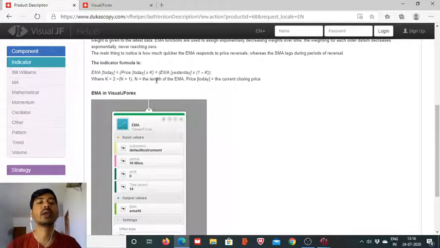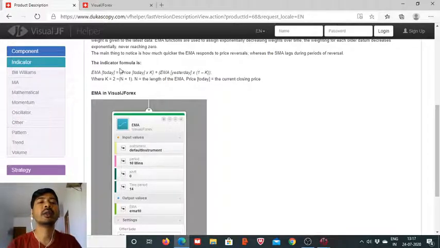That's how k is arrived at, and since this is the exponential moving average, more weightage is generally accorded to the current, that is today's, closing value. We do that by weighting that value, multiplying it by k, and then we add the product of this multiplication to the earlier calculation.